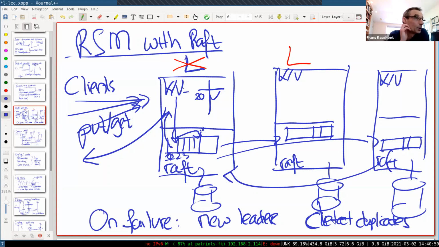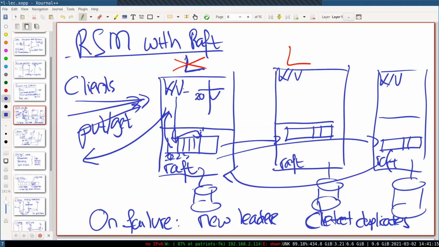But the client will retry, right? Because it actually hasn't gotten a response. It will contact the new leader and basically enter the same operation in Raft again, and it will pop out again. Then the server will, as we'll see in Lab 3, send the last response. So in fact, the servers remember the last value that they sent back.